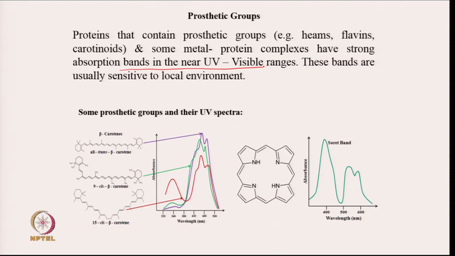spectra of prosthetic groups. So, here are some prosthetic groups and their UV spectra. For example, beta carotene, this is the spectra, this is all trans beta carotene. If you take 9 cis beta carotene, it will have different spectra, and 13 cis beta carotene will have different spectra. And this is your heme group, it has a well known Soret band, and there are some other peaks, other bands.